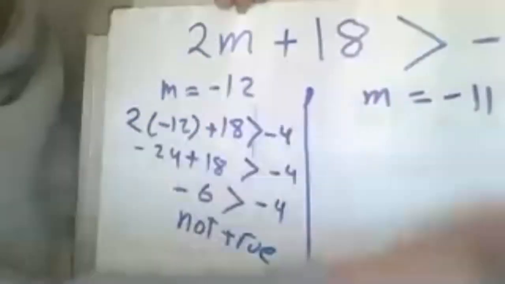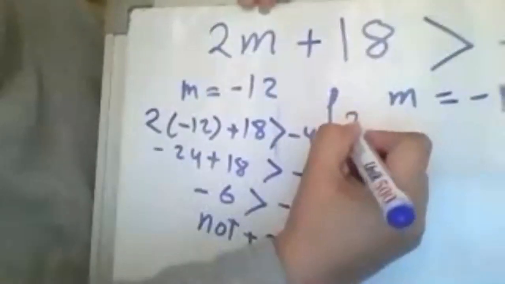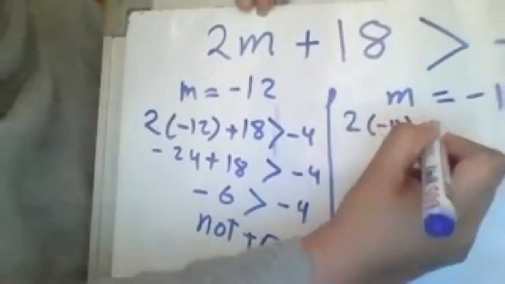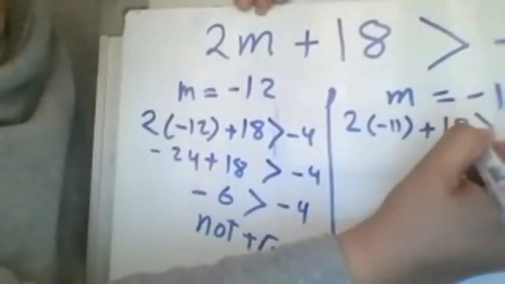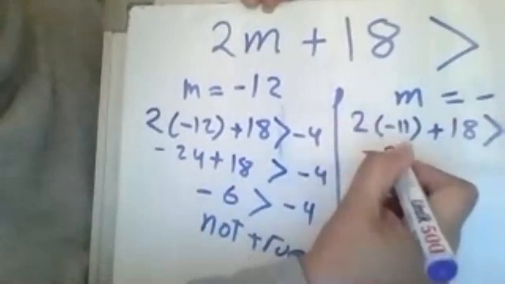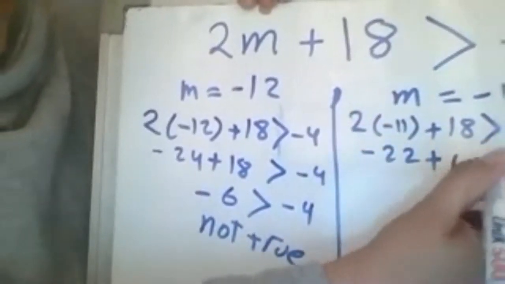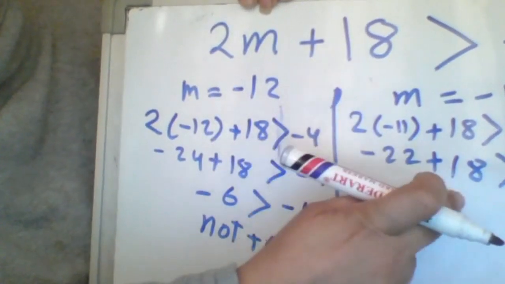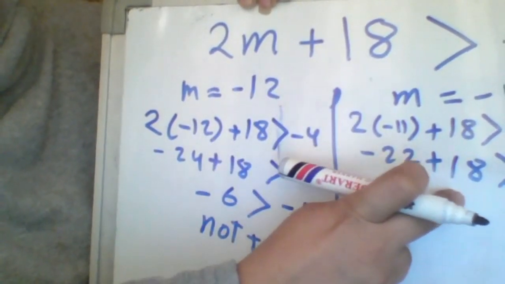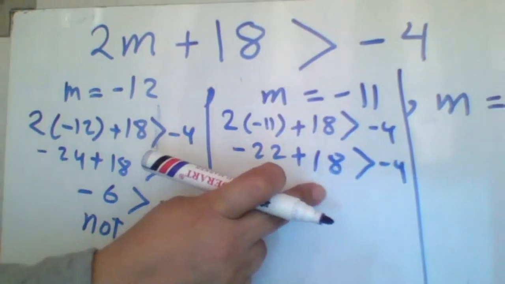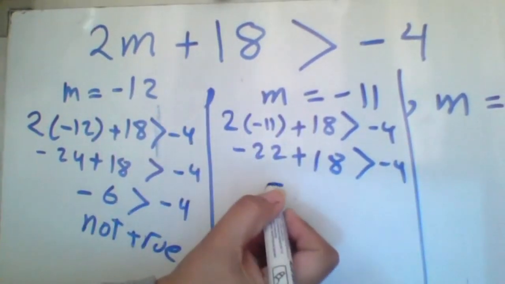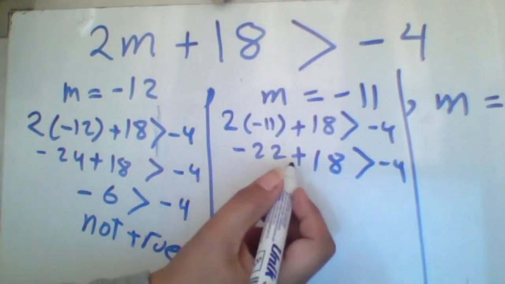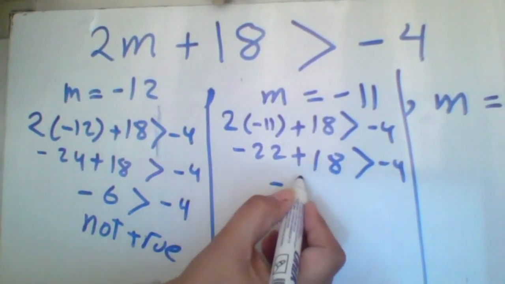Okay, let's move to the next one. m equals negative 11. So it will be 2 times negative 11 plus 18 more than negative 4. Then negative 22 plus 18 more than negative 4. Negative 22 plus 18, it will be how many? Ahmed Sabir, negative 22 plus 18, it will be?